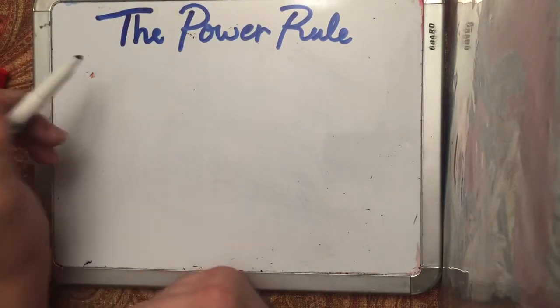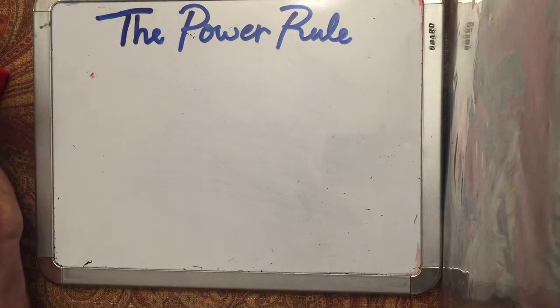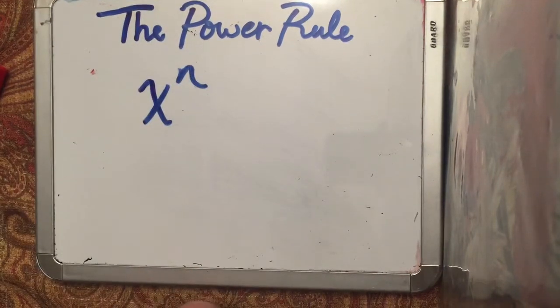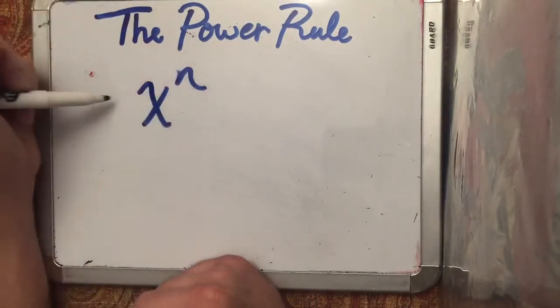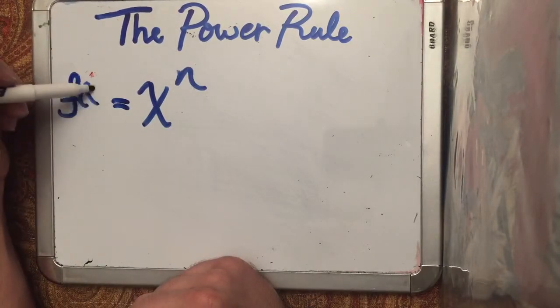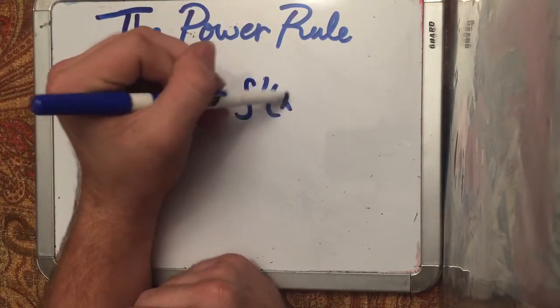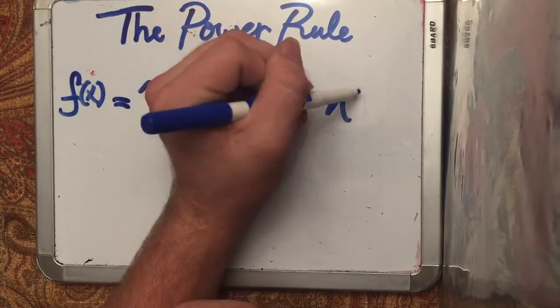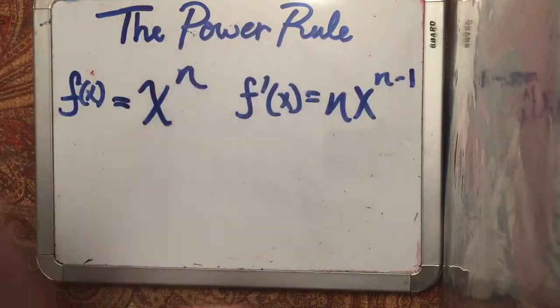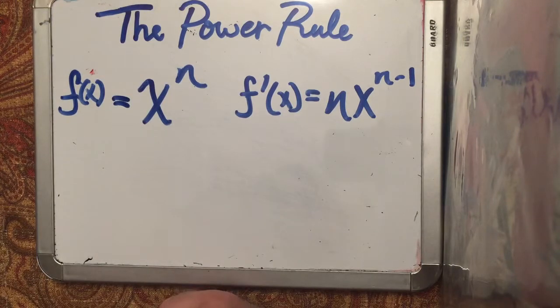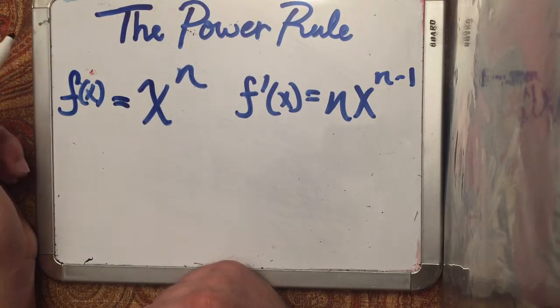It's called the power rule, and it states that for any function f of x equals x to the n, its derivative is f prime of x equals n times x to the n minus 1. So the n becomes the coefficient. The n is originally the exponent in the function.